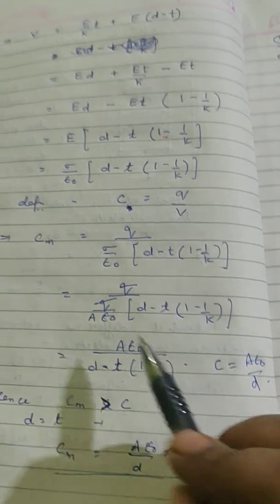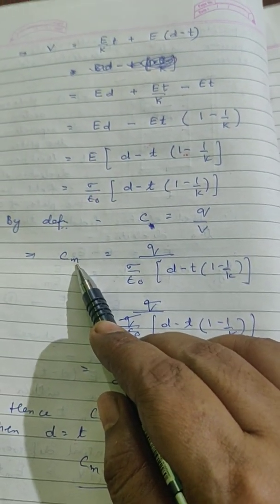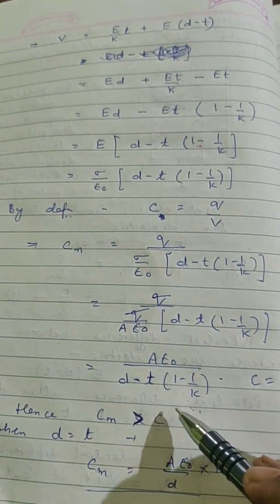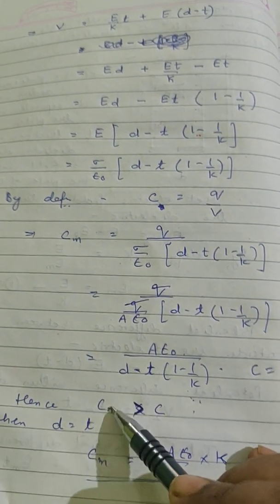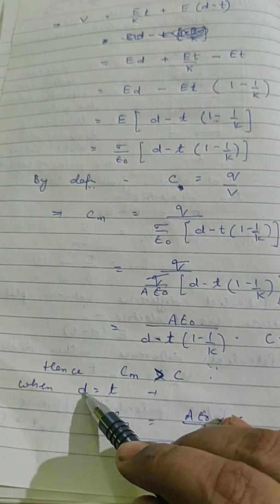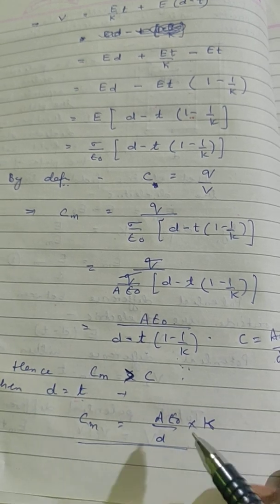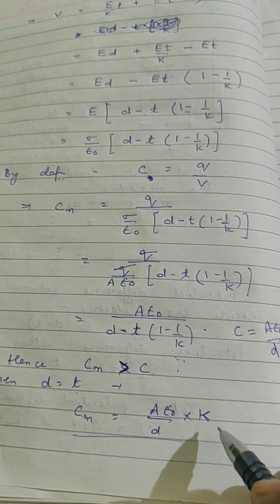So obviously the capacity increases when a dielectric slab is introduced between the plates. If the thickness of the slab is equal to the separation between the plates, then this capacity will be equal to A epsilon naught K by D.